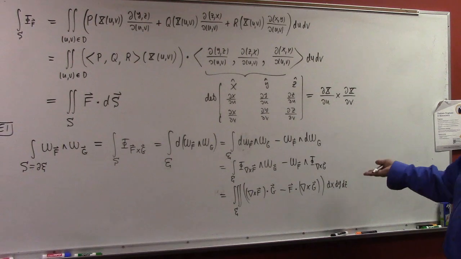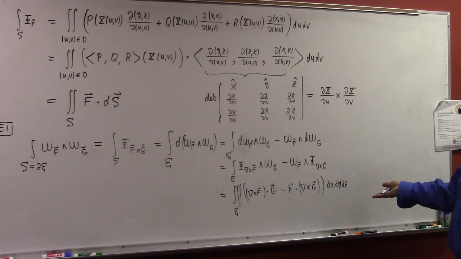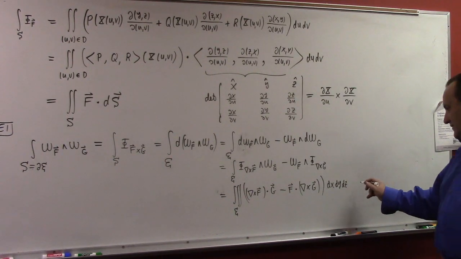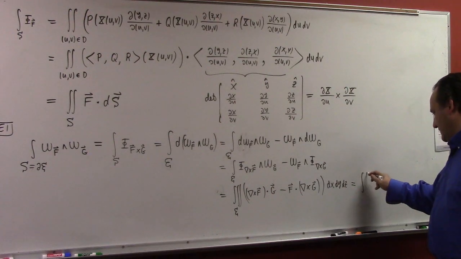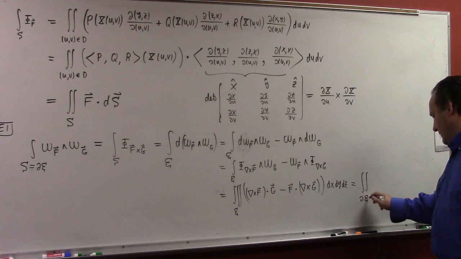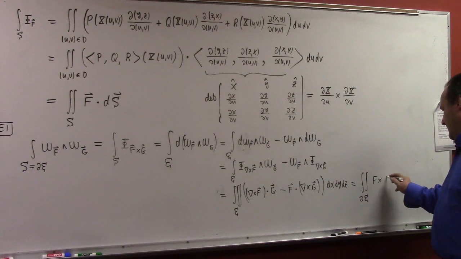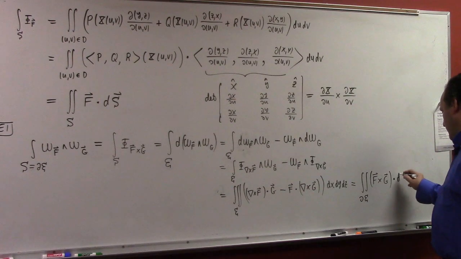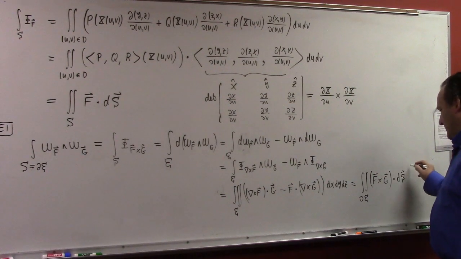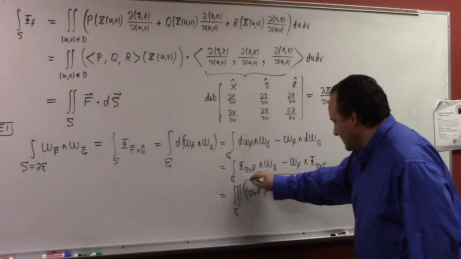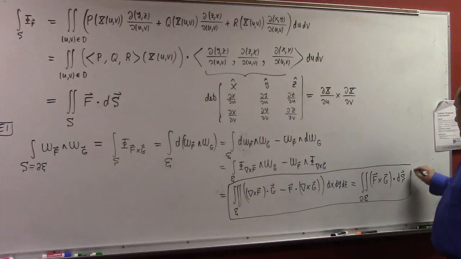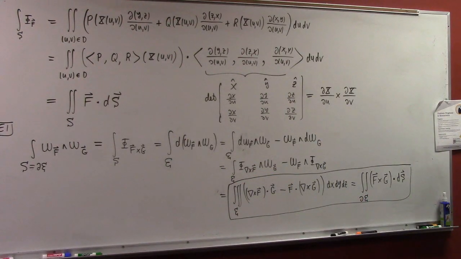So check it out. This triple integral is apparently equal to the flux over the boundary of E of the cross product of two vector fields f and g. So the flux of the cross product of two vector fields through the boundary of a surface is apparently equal to the integral of the divergence.